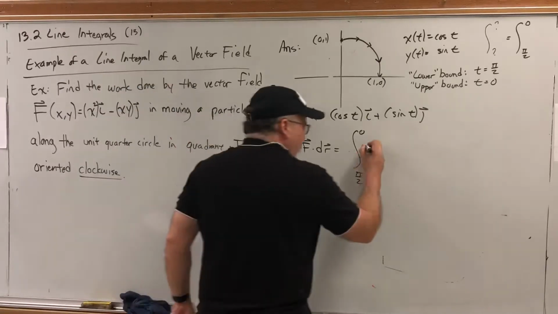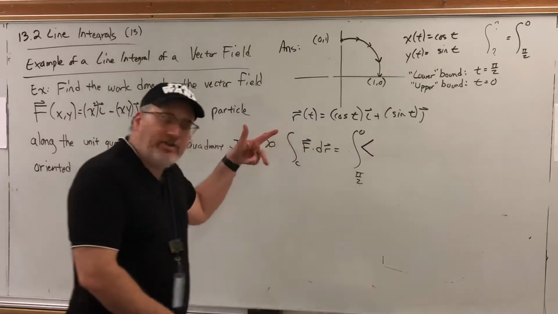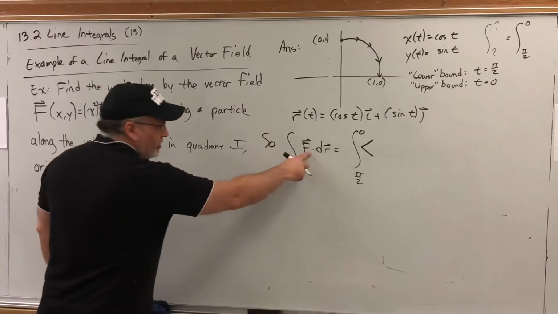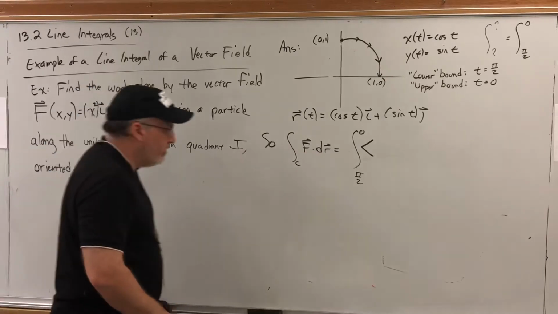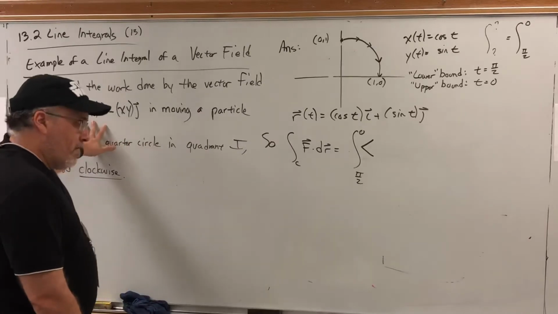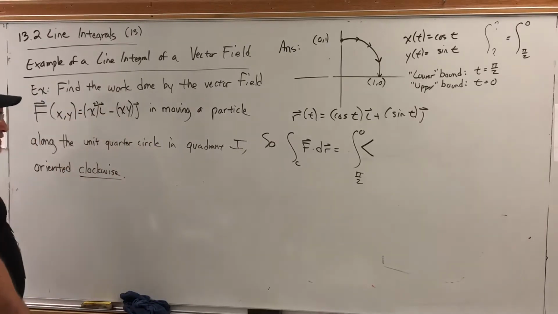So we would have, and I'm going to shift notations for a minute, I'm going to go to the pointy parentheses notation. I prefer that when you're doing a dot product because that way you don't have to worry about the i's and the j's. So our vector field evaluated at our position function, each x becomes cosine t, each y becomes sine t.